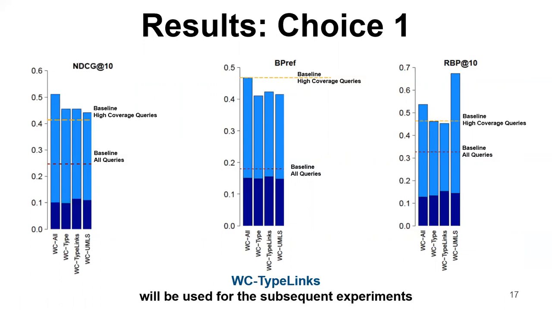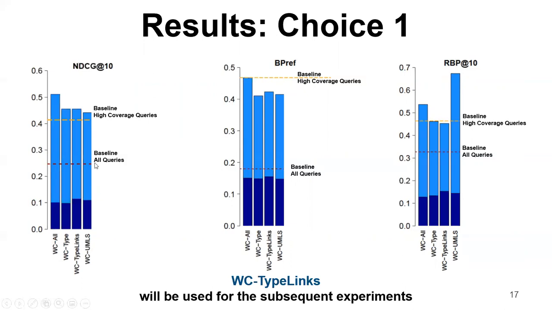For comparison, the effectiveness of baseline queries, or queries without expansion terms, are displayed as dashed horizontal lines. The yellow dashed line is the baseline from high coverage queries. The red one is the baseline from all queries.